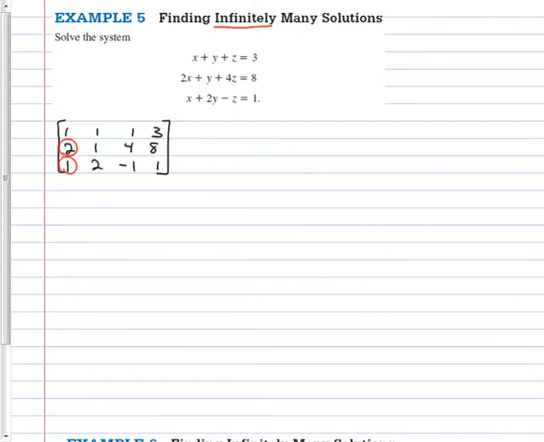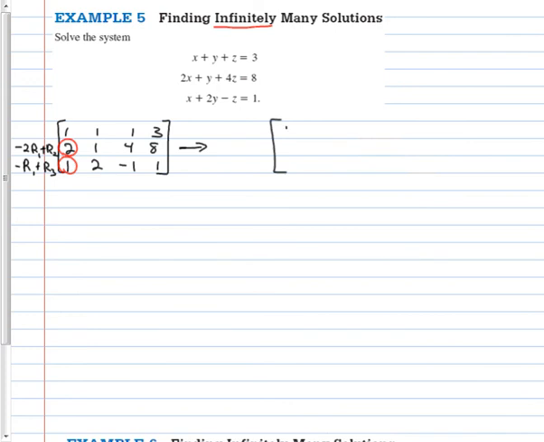How will we get rid of that first 2? Negative 2 times row 1 and add it to row 2, right? How will we get rid of that bottom 1? Negative 1 times row 1 and add it to row 3. So we are going to do those 2 operations.